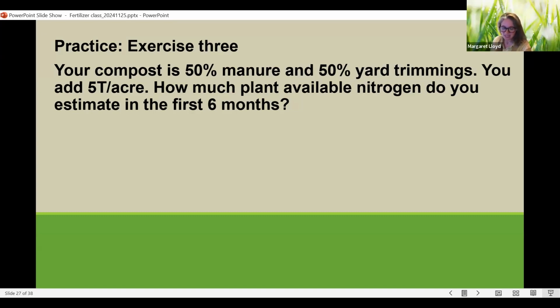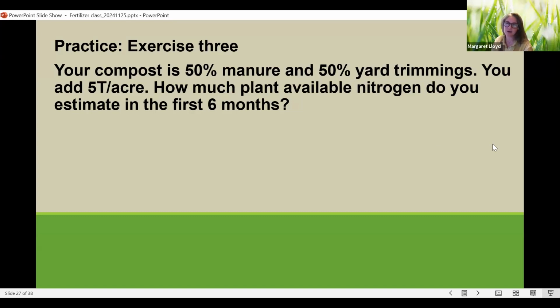And what we're hoping to do is give you the tools to be able to do these calculations on your own to deal with the variability that you're going to inevitably experience on your farm. And so what you're doing may not perfectly fit what's in a calculator.